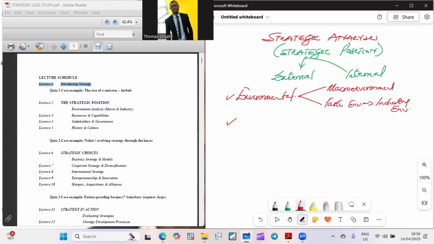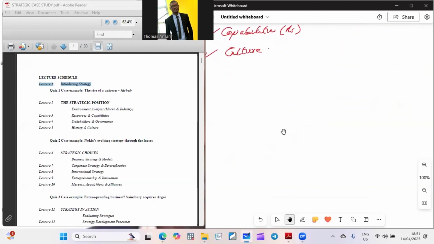In terms of analyzing your position, we will also be dealing with the stakeholders. And when we get there, I'll give you something small to watch. And we said that we will be looking at the capabilities, which is the resources, and lastly, culture. You remember all these things from last week. So today, we are analyzing the environment.